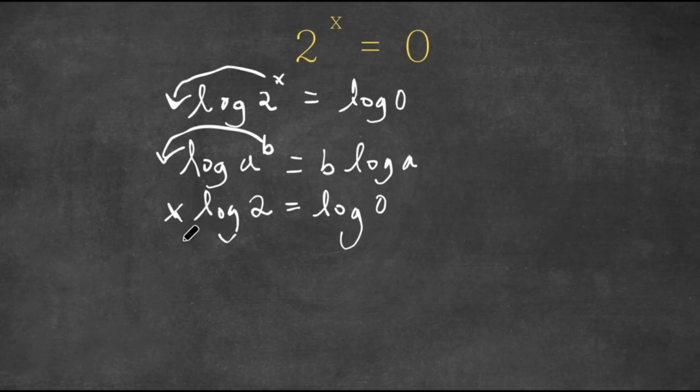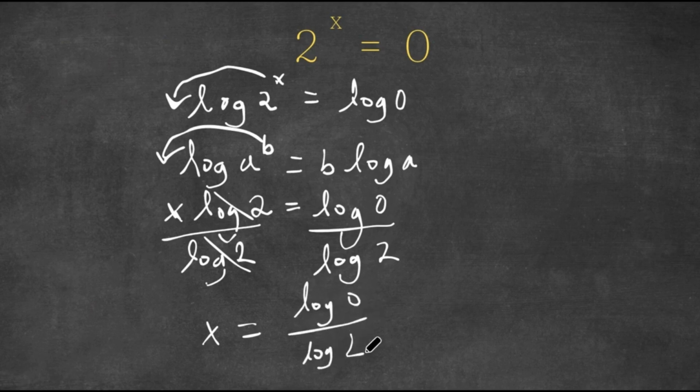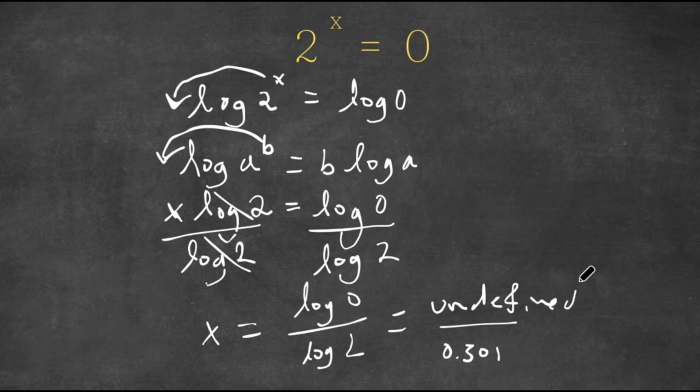Now we want to isolate x, obviously, so I'm going to divide both sides by log 2. Then these two cancel out, and I would have x is equal to log 0 over log 2. However, log 2 is equal to 0.301, and log 0 is actually undefined.